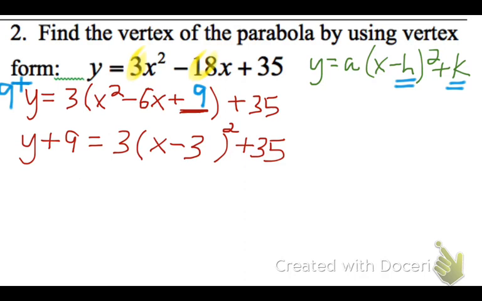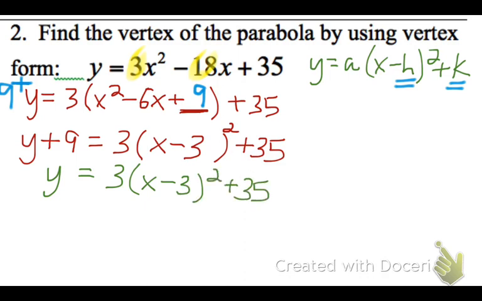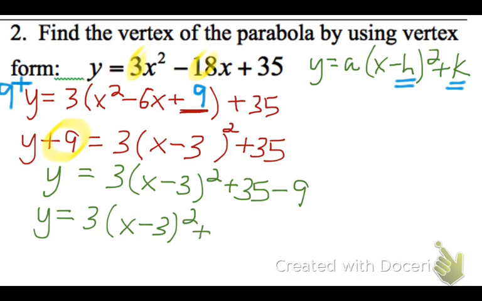Oh, we got a lot of stuff going on. Let's change it to green now. Green pen: y equals 3 times x minus 3 squared, plus 35. We're subtracting this 9 right there. Subtract that 9 from both sides, minus 9. So we get y equals 3 times x minus 3 squared plus, oh boy, mental math, 26.